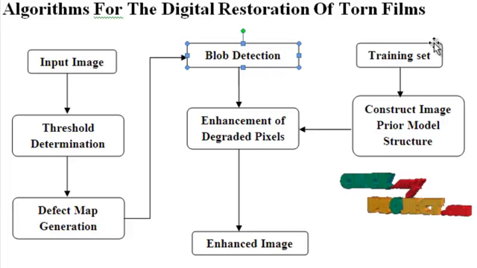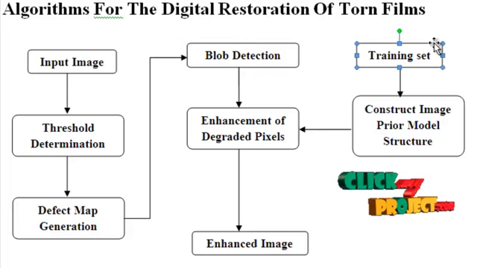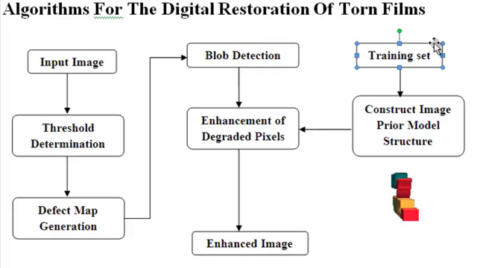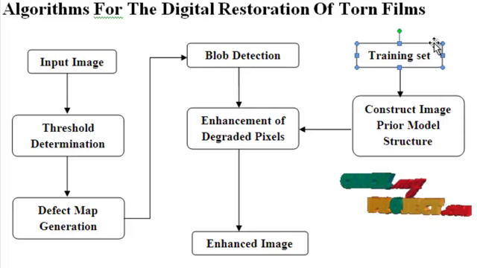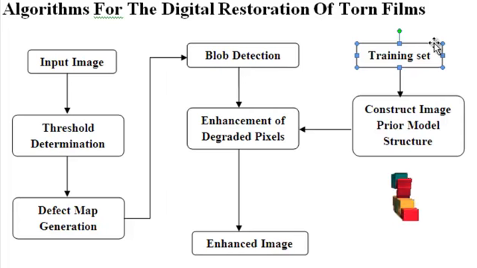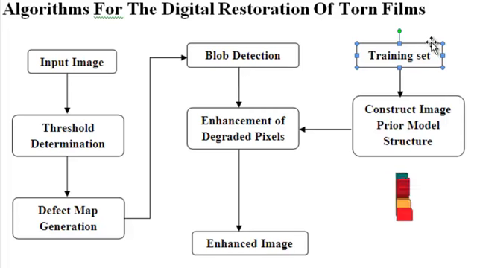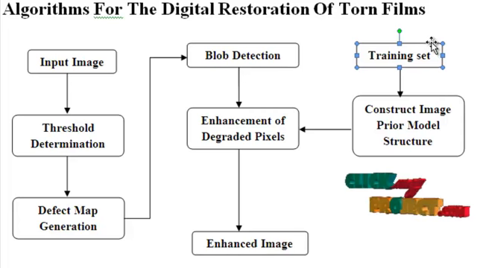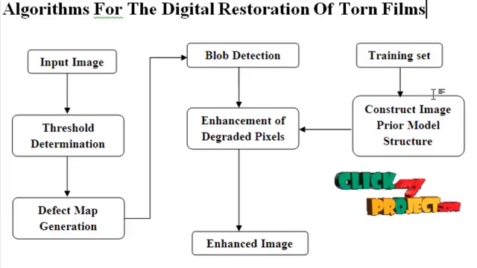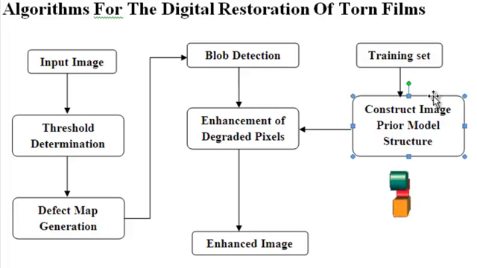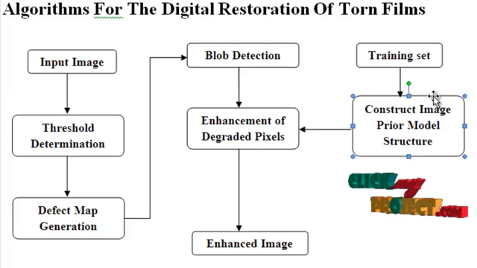Coming to this, that means the construction of the image prior model structure with the help of this training data set. The image prior structure is constructed over the extended image neighborhoods. Actually, this training data set is nothing but a collection of various images that will be used for the construction of the prior model structure.